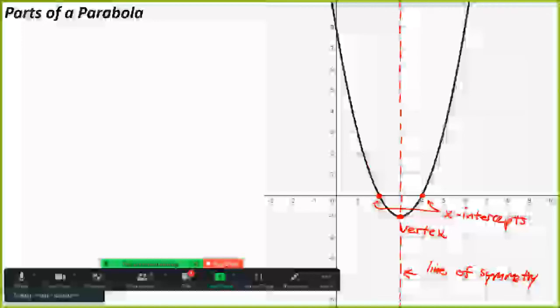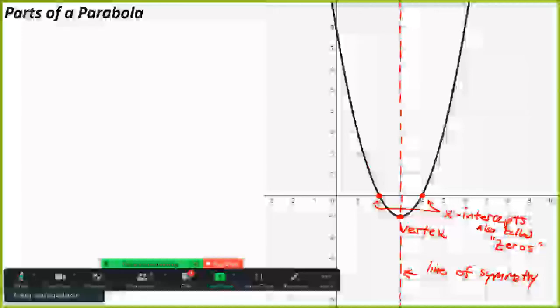It's where our parabola is cutting through or crossing the x-axis. These are also called the zeros. We're going to refer to these a lot as the zeros, okay? This is where y is equal to 0.